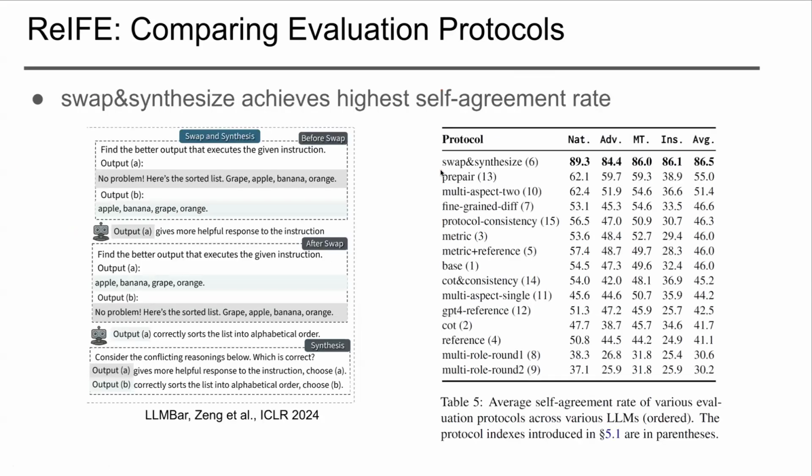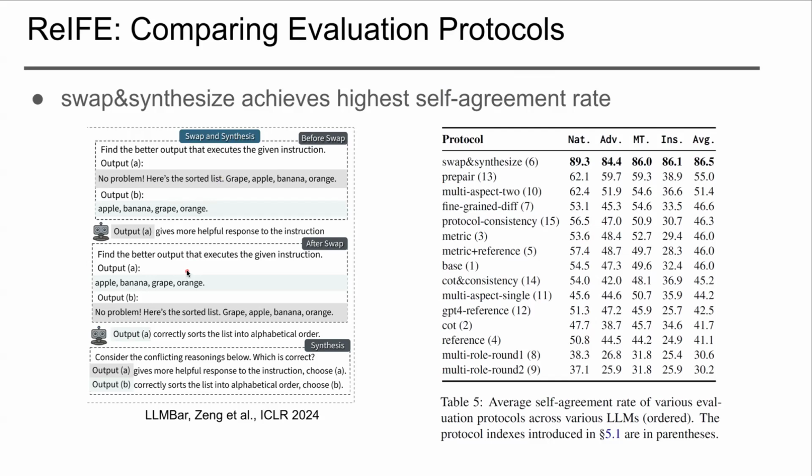And then the next question was the self-consistency. Again, just to remind you, self-consistency is: if you swap the output order, does the model prediction change? And we can see that across all the different protocols, this actually is a problem. But one of the protocols, called swap and synthesize, actually solves this problem.